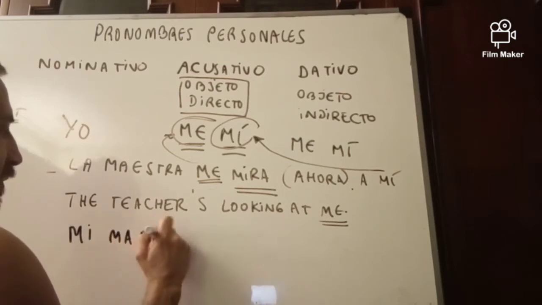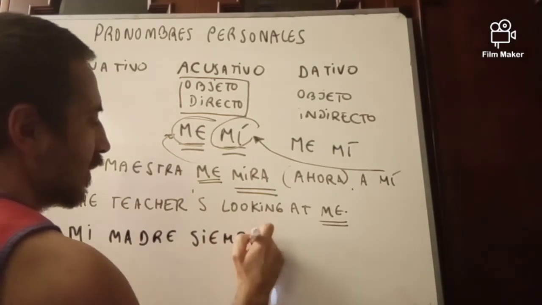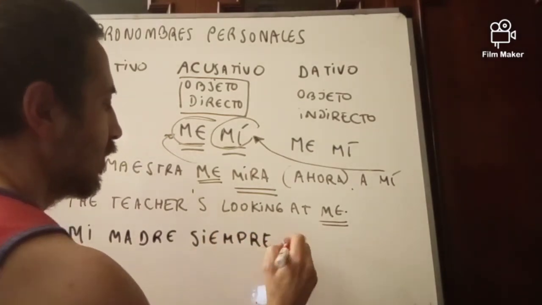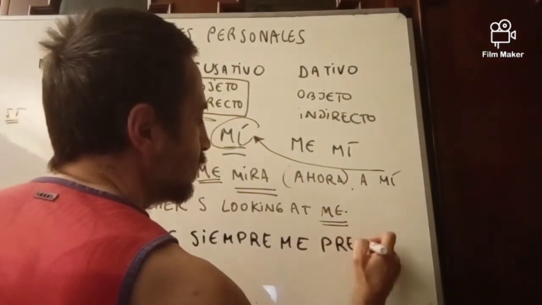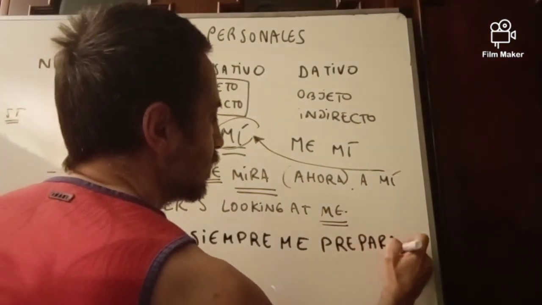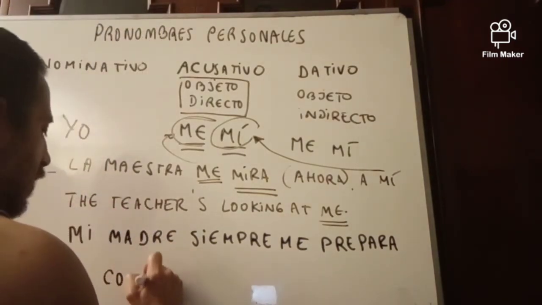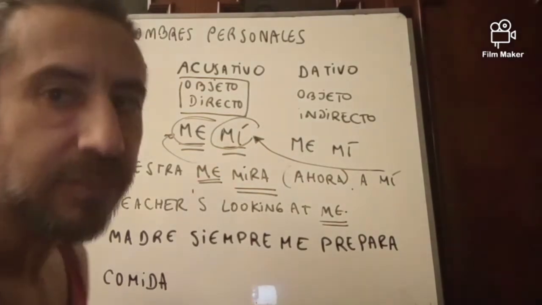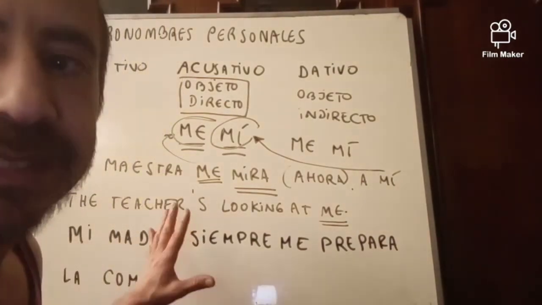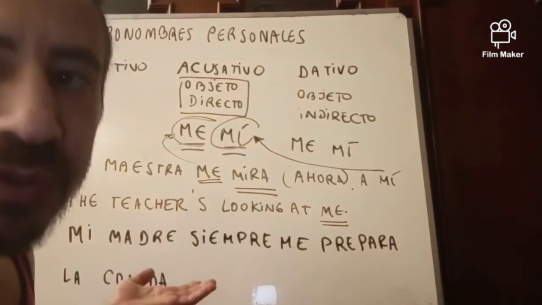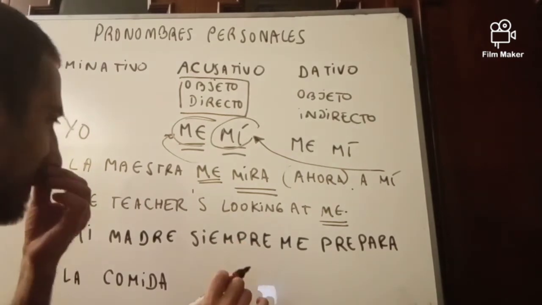Mi madre siempre me prepara la comida. Remember, I'm an adult. This is just an example, an easy example for you to understand this. Mi madre siempre me prepara la comida.